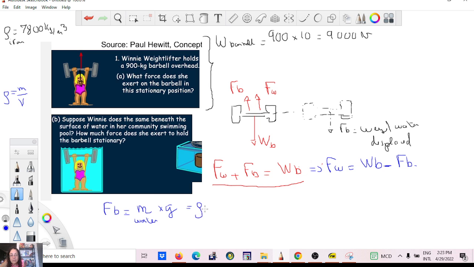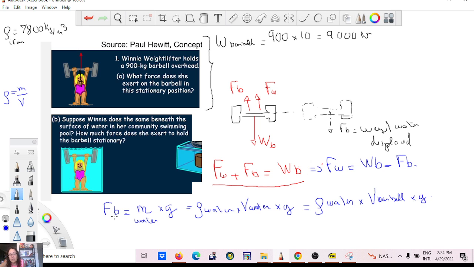So it's going to be the density of water times the volume of water displaced, times G. But that's going to equal the same thing as rho of the water times the volume of your barbell times G.